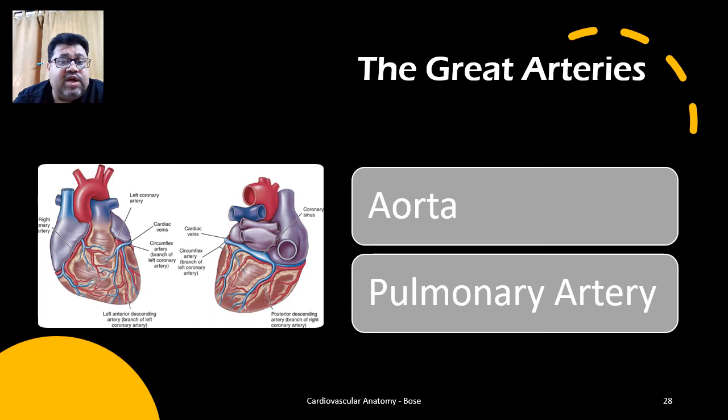The aorta exhibits three dilatations above the attached margins of the cusps of the aortic valve at the root of the aorta. These dilatations are called the aortic sinuses of Valsalva.